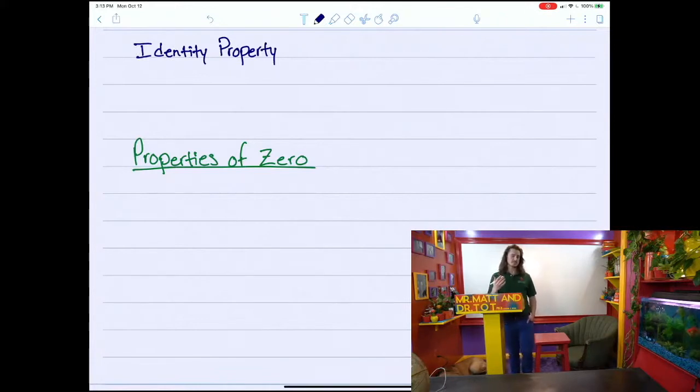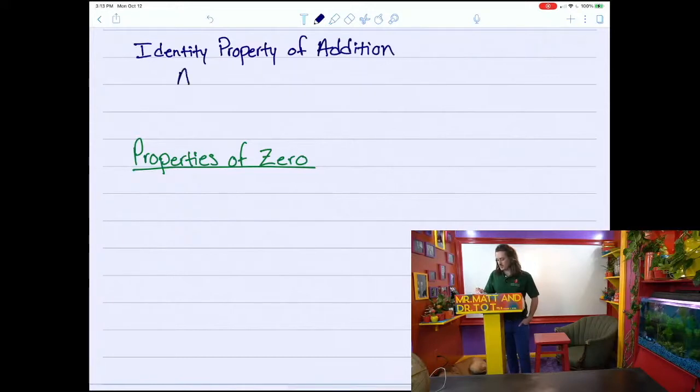It basically tells you what value within each operation keeps the number's identity, creating no change within the value. The identity property of addition tells us that some number plus 0 will always equal that same number. So with addition, you can think of 0 as the magic number, the unchanging value.